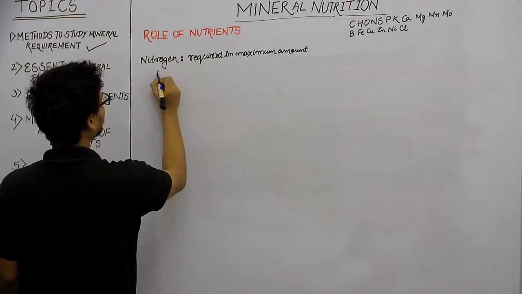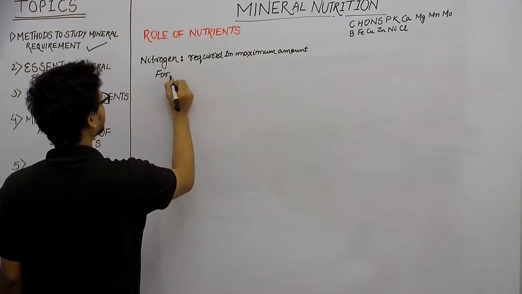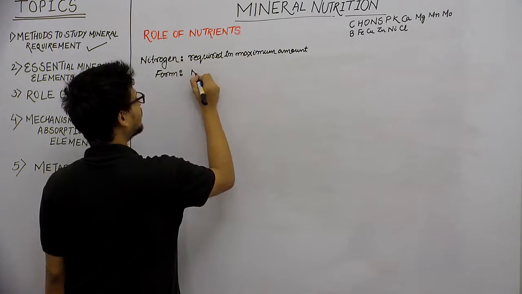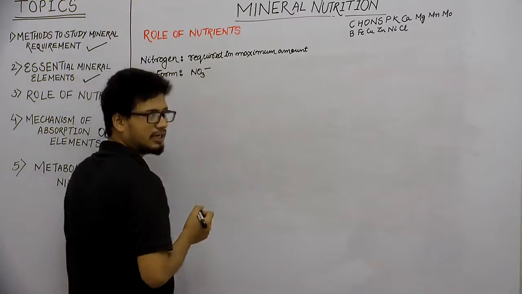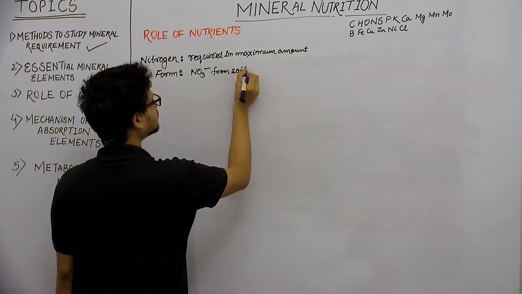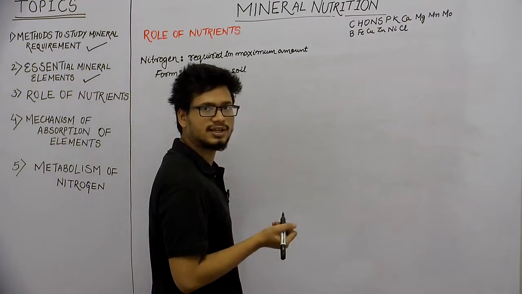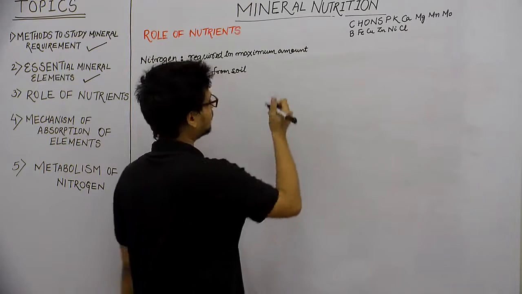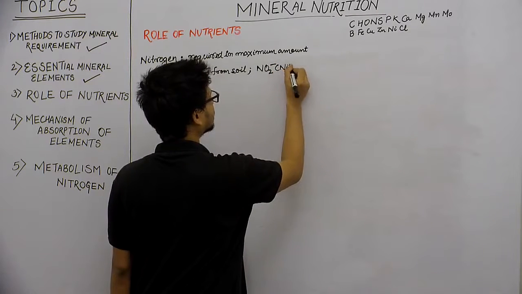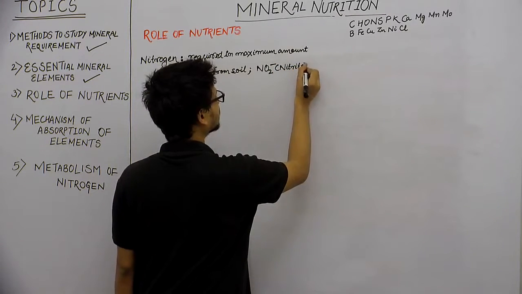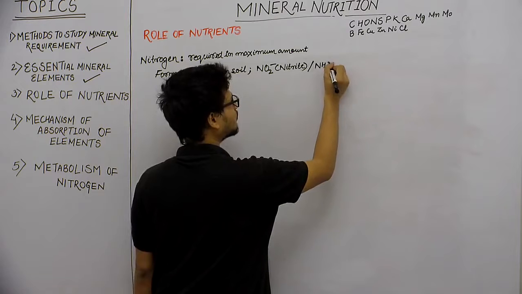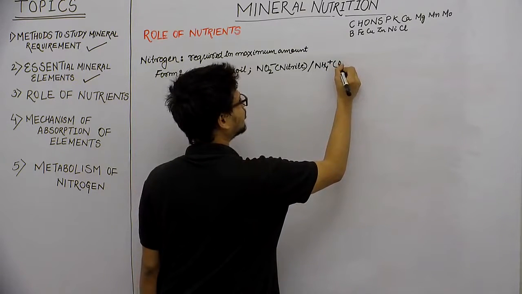Now we'll talk about the form in which it is absorbed. The absorption form is that it is usually taken in the form of nitrate. Okay, nitrate from the soil. But there are other forms from which the plant can take up nitrogen also, and those other forms are nitrite, and another one that is ammonium, NH4 plus, that is ammonium ion.